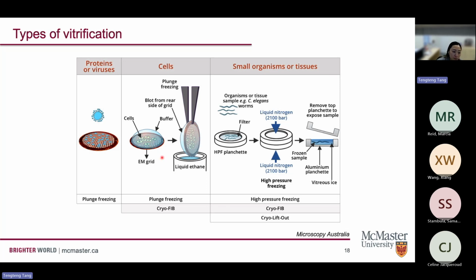The reason being, plunge freezing has a limitation in terms of the thickness of the sample you can prepare. Typically, cells are on the order of 10 micrometers, and that's suitable for plunge freezing. If you have a thicker sample, like hundreds of micrometers, then you have to resort to high pressure freezing.